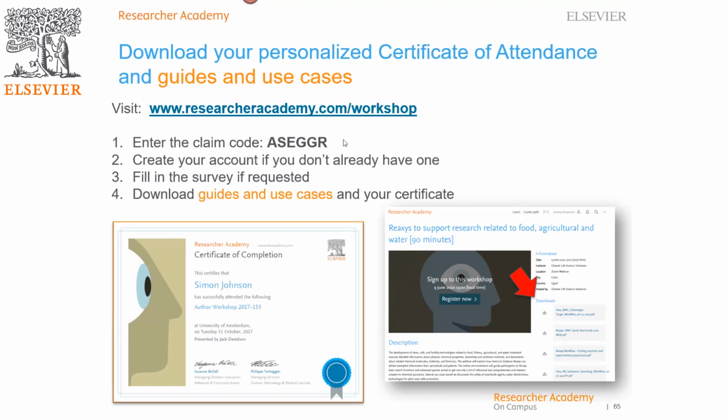And if you can encourage your dean or even the vice rector or rector to sign an official request about it, submit official feedback about Reaxys, it will seriously strengthen your request.